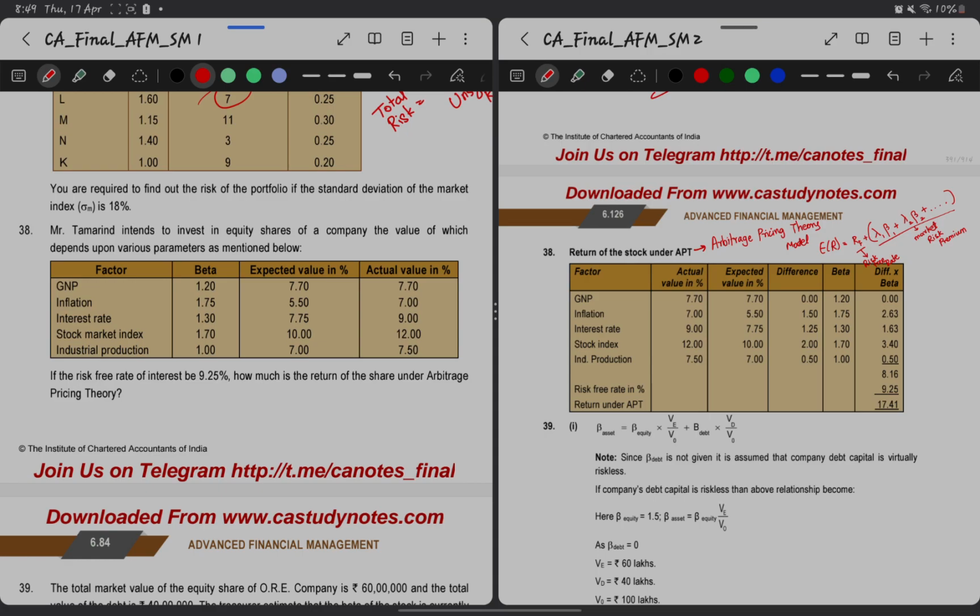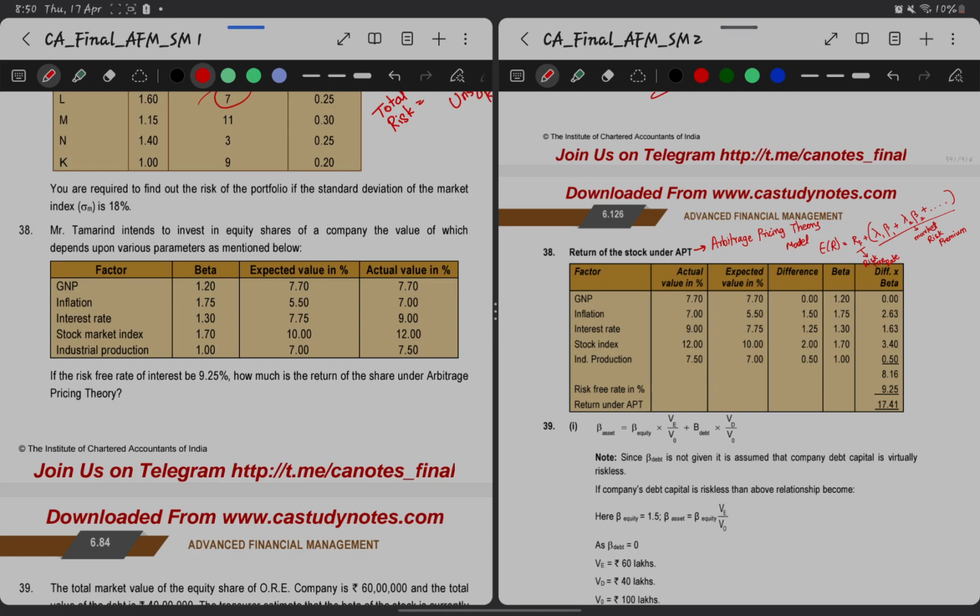In our previous problems, they directly gave the values for this lambda, or we did reverse calculation and found out the factor sensitivities, or they gave the sensitivity value and we multiplied in some proportion to find out for different stocks. In the given case, they have given expected value and actual value, so you have to see what that signifies.